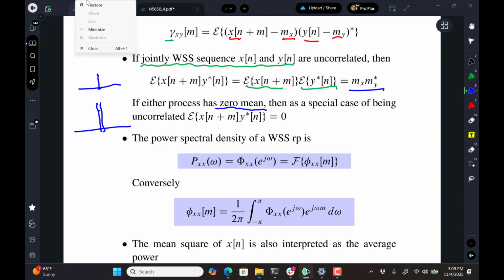And there's something that we're not going to study in this class, but is discussed in random processes courses, which is the idea that random processes can be viewed as abstract vector spaces. So in an abstract vector space, if you have two vectors that are orthogonal, then their dot product is zero. And in our case, the expected value of a product of two random variables is our dot product.